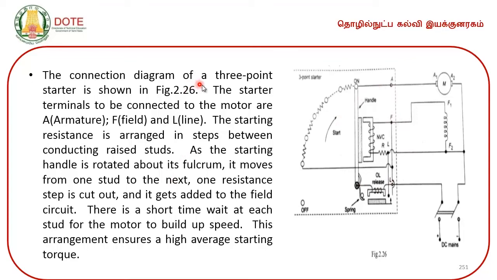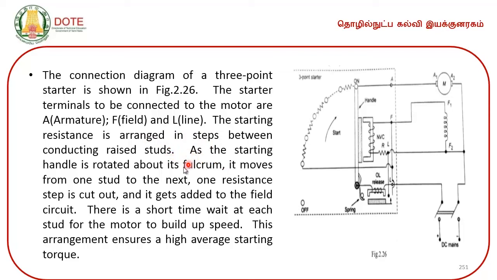The connection diagram of a 3-point starter is shown in figure 2.26. The starter terminals to be connected to the motor are armature A, field winding and line L. The starting resistance is arranged in steps between conducting raised studs.